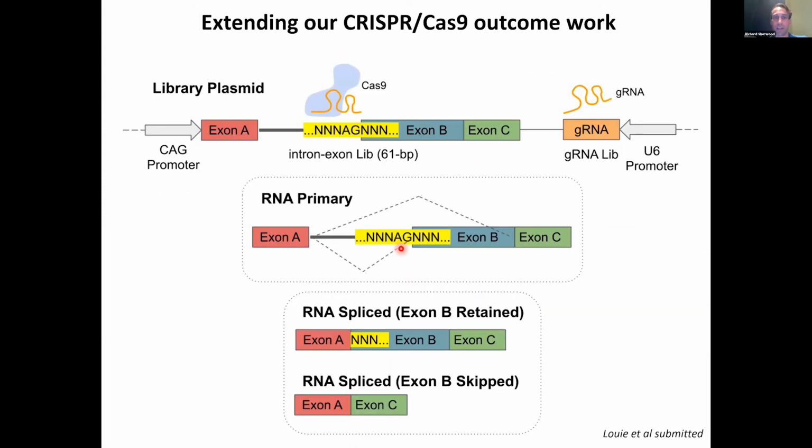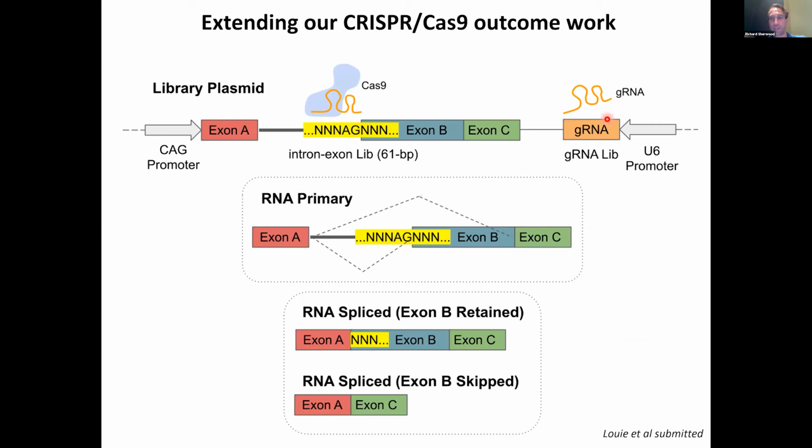We've now moved on to do other versions of this kind of two-step Gibson assembly process, where now we're testing both splicing and CRISPR-Cas9 in the same assay.